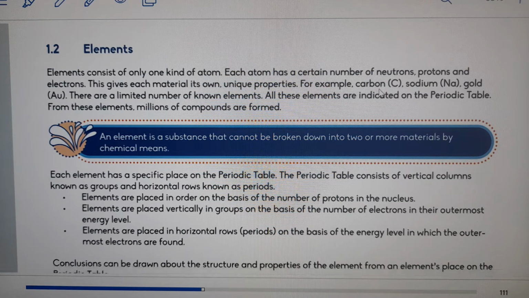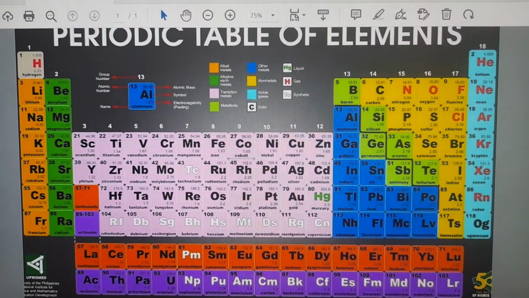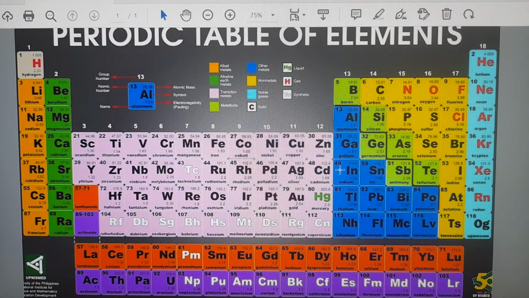For example, carbon and sodium, gold is also an element in the periodic table. Did you know that? Where is gold? Gold is Au. Gold is number, no, that is not gold. That is silver.